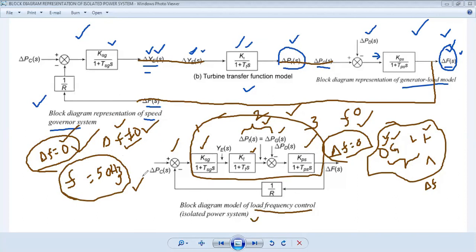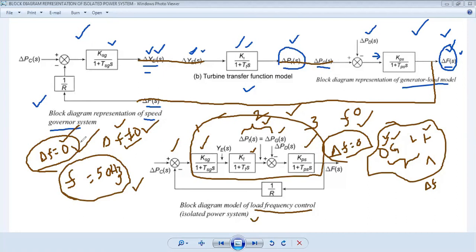If you get a delta F value, it is approximately 0.2, 0.1 or 0.3, or a maximum of 2 Hz. It may not be exactly 0, but you may get values like 0.02 or 0.03.